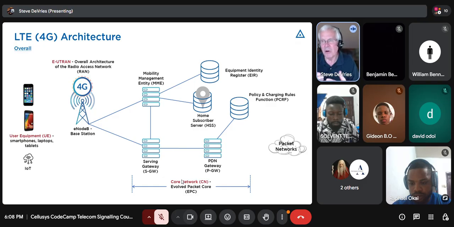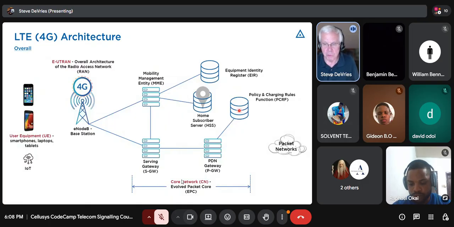Well, that's best effort as far as the guaranteed bit rate. It's not going to give you a real high quality. If you're using your mobile phone for voice over IP, it's going to give you a higher quality: your latency, your jitter, your guaranteed bit rate, those types of things that make up quality. Those qualities are called policies. So policies and charging rules are given from this device down to here, and this is the enforcer. This enforces the policies.